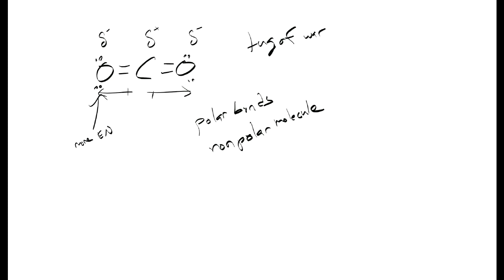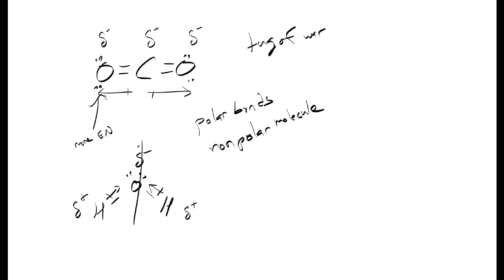Whereas you look at, say, water. Water has that bent geometry. So oxygen has a partial negative charge. The two hydrogens each have a partial positive charge. And now the two bonds can no longer cancel each other out. They're not exactly opposite one another.